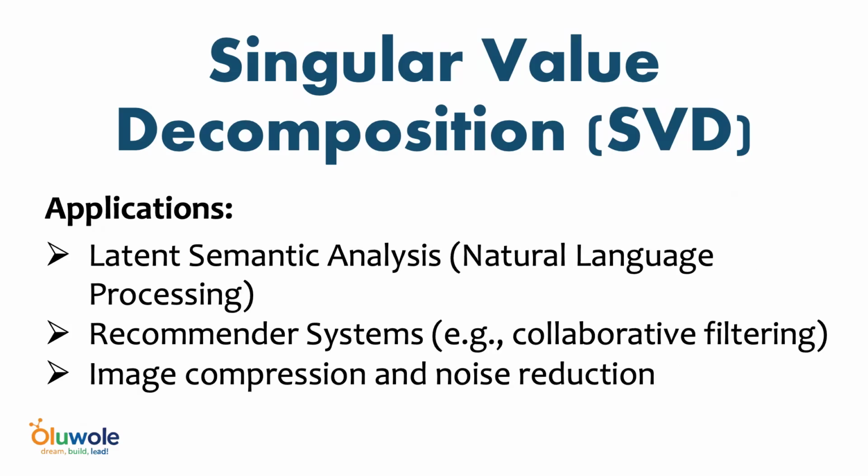So what do you see now? Latent semantic analysis. Basically, we use it mostly when we are building natural language processing models. This is a kind of technique that is used for ChatGPT, so that ChatGPT will not be hallucinating.